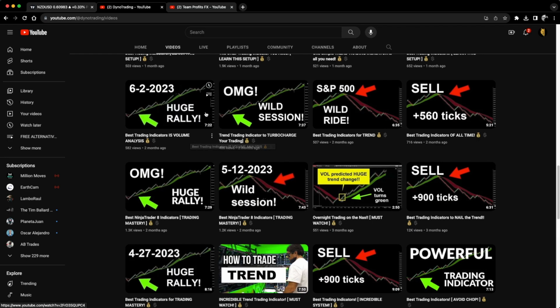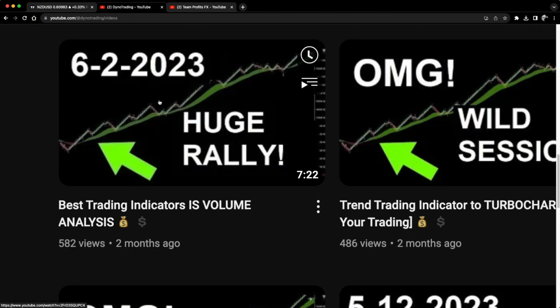The real deal comes when the ranging market is ending and we're going into an uptrend or downtrend. They don't explain that. They simply explain the trends, that you can follow them. It sort of makes sense, because if you're using this indicator and prices touch maybe twice, then when the price comes back for the third time on the trend, you can go buying again.